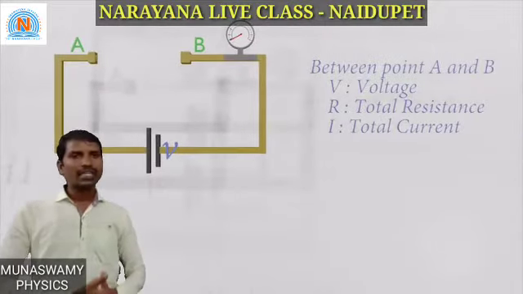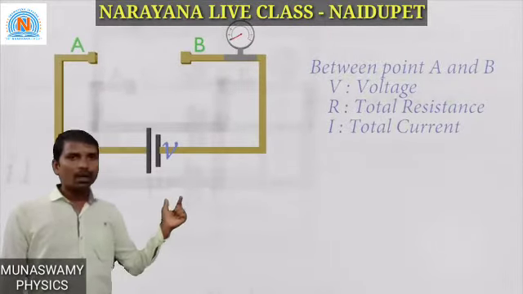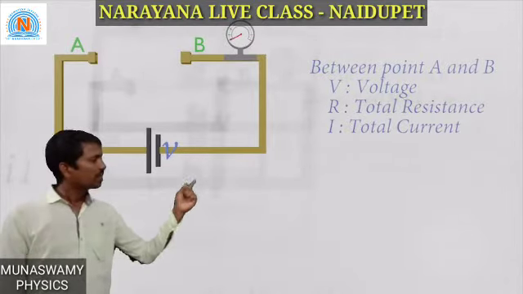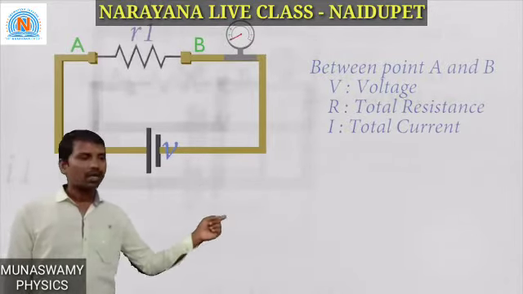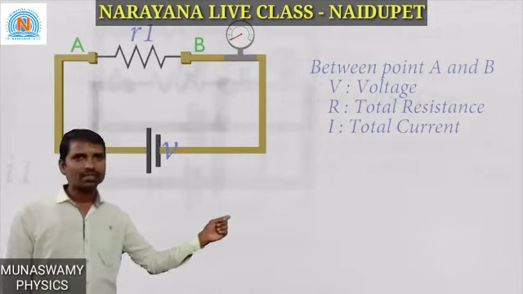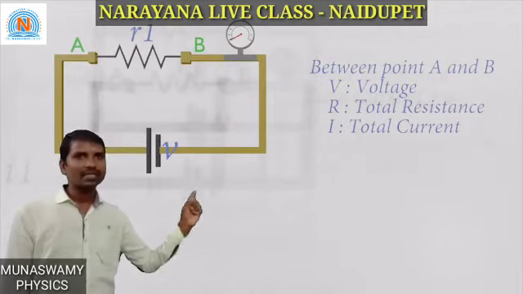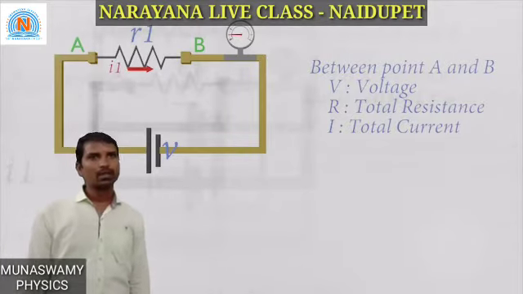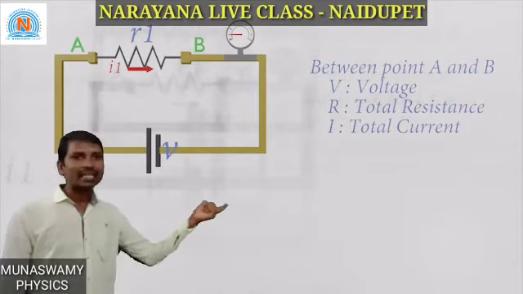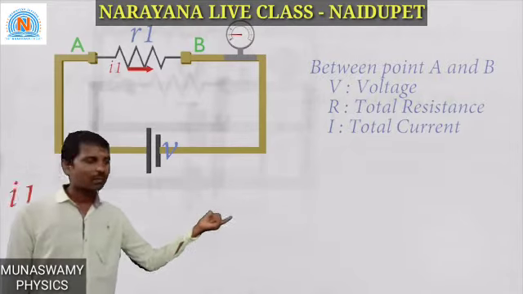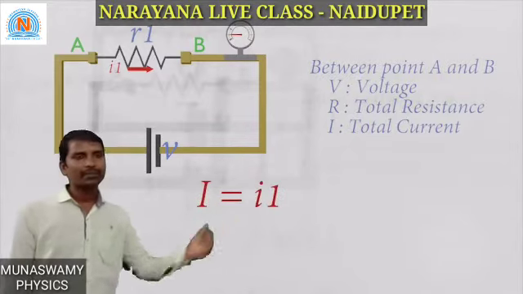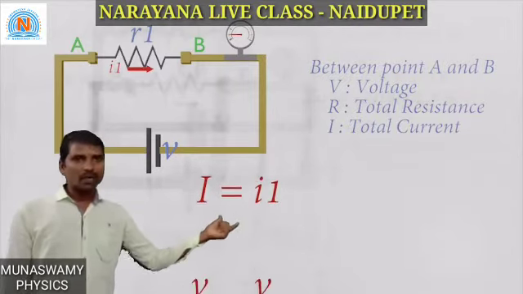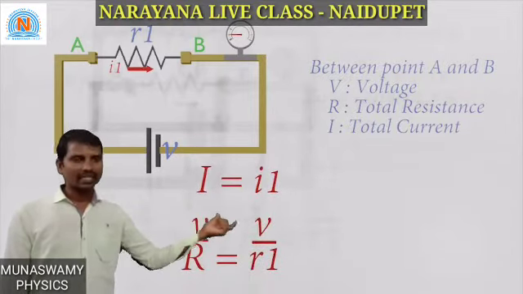Okay. So here we can see an electrical circuit, where V is voltage, R is total resistance, and I is the total current passing through this circuit. When we connect a single resistor between the two points A and B, there will be one path for the flow of electric current.